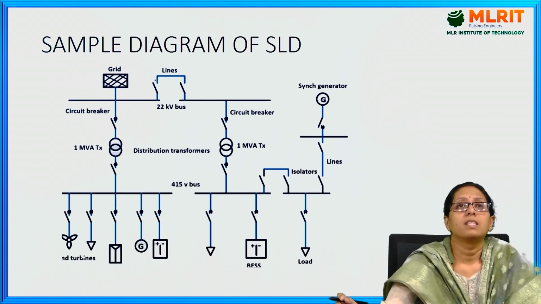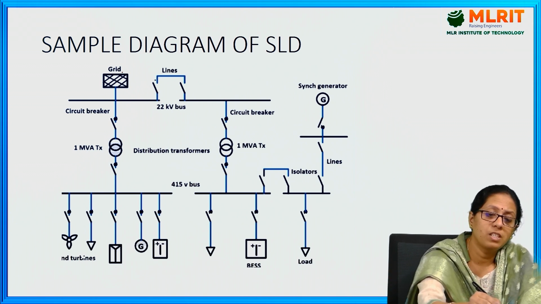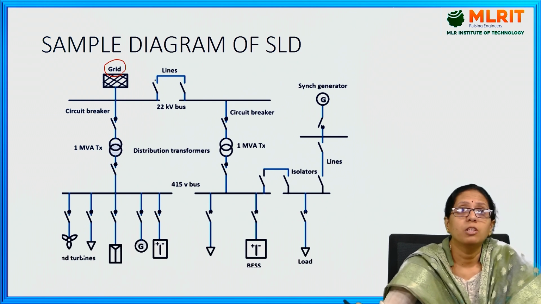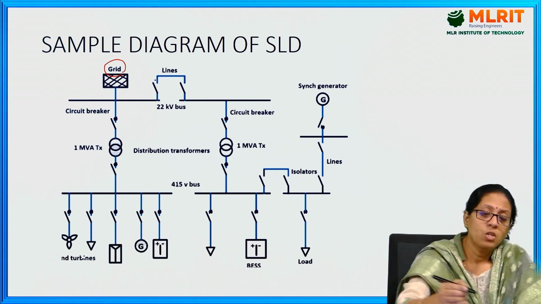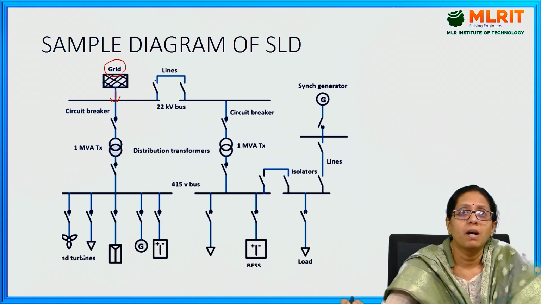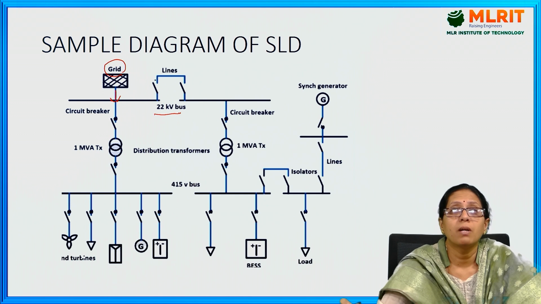Here you can see the picture of a single line diagram. In this single line diagram, this is your main grid, that is, from that grid you are taking the power. From that grid it is connected to the bus bar, which is 22 kilovolts.